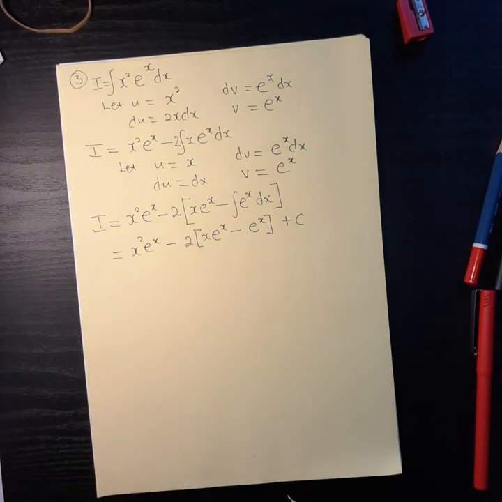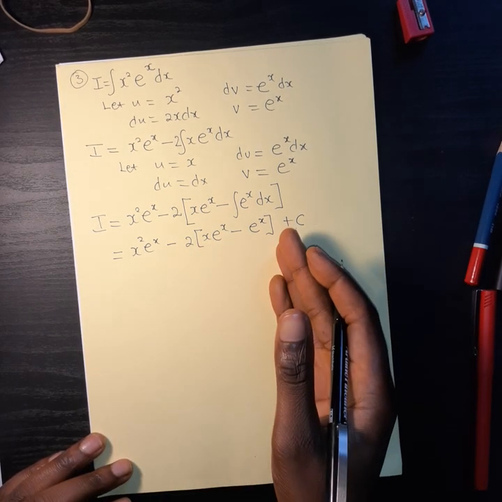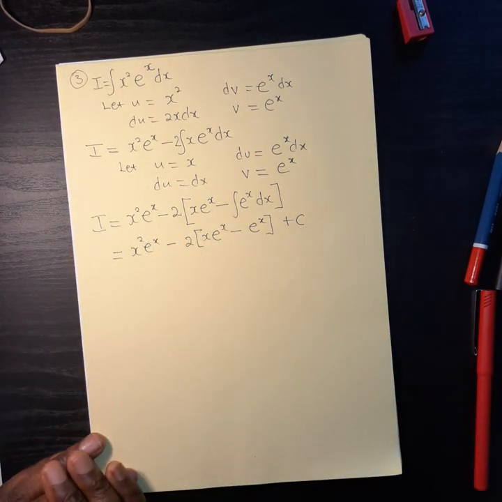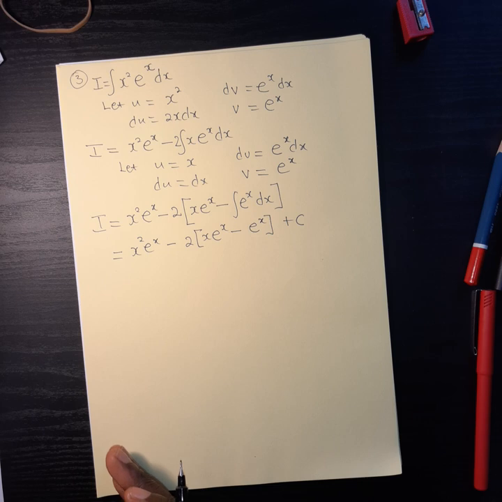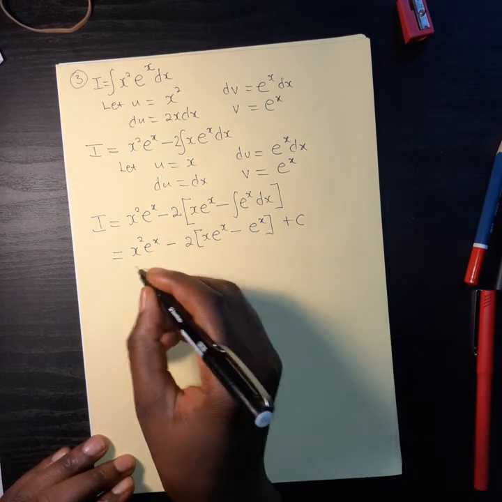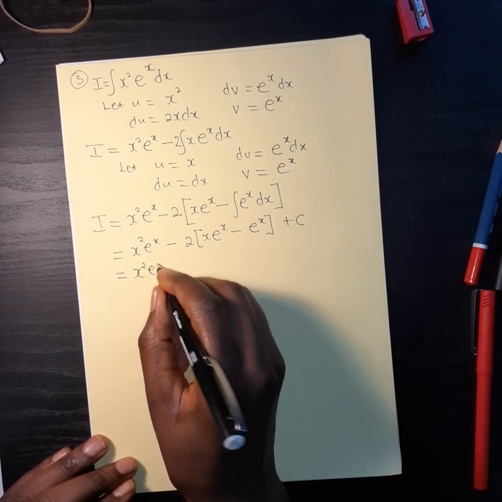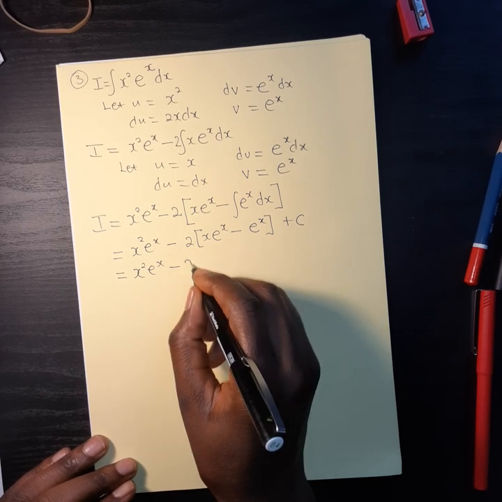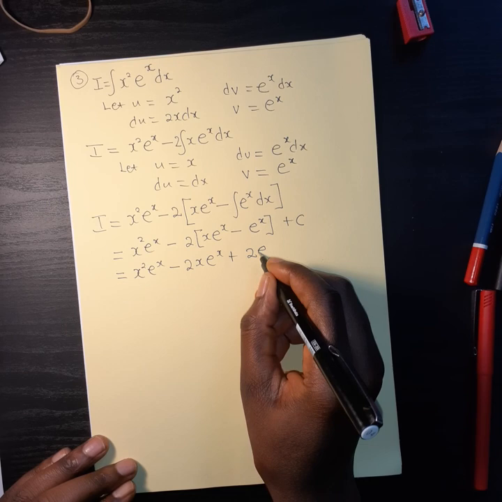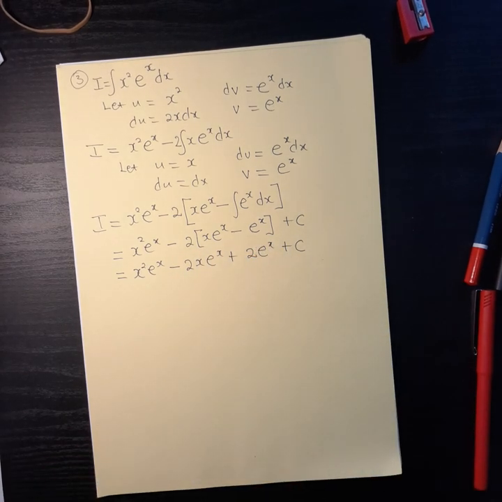We may leave it like that, or we may take e to the power of x out as a common factor. I was saying that we may write x squared e to the power of x minus 2x e to the power of x plus 2e to the power of x plus c after removing the brackets.